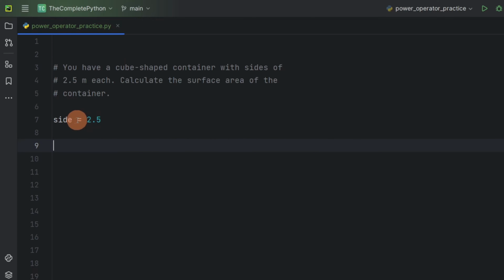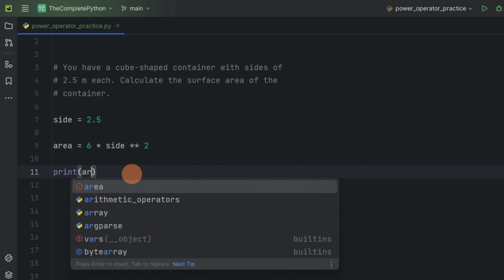So we have created a variable side and we are storing 2.5. Next, let's calculate the total surface area. So I will create another variable area, and the total surface area of a cube is 6 multiplied by the square of its sides. So side and its square. Next I will display the area.